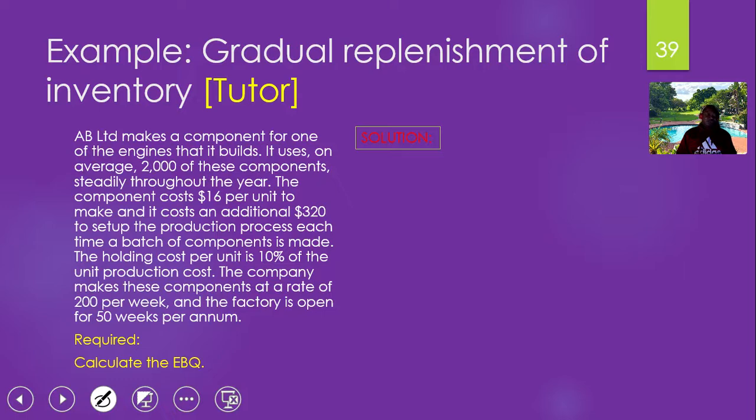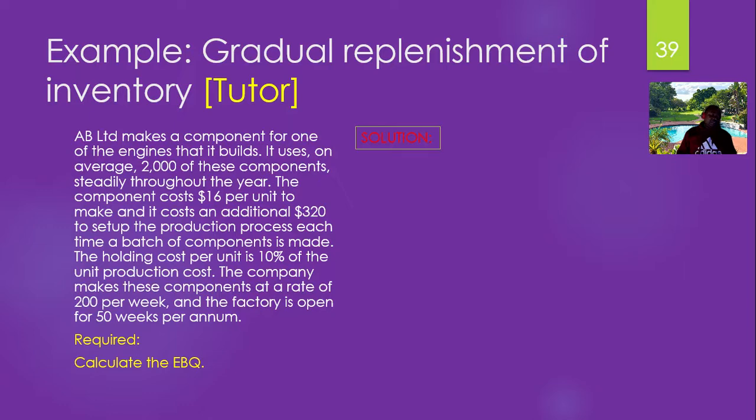The holding cost per unit is 10% of the unit production cost. The company makes these components at a rate of 200 per week, and the factory is open for 50 weeks per annum. Required: calculate the economic batch quantity.